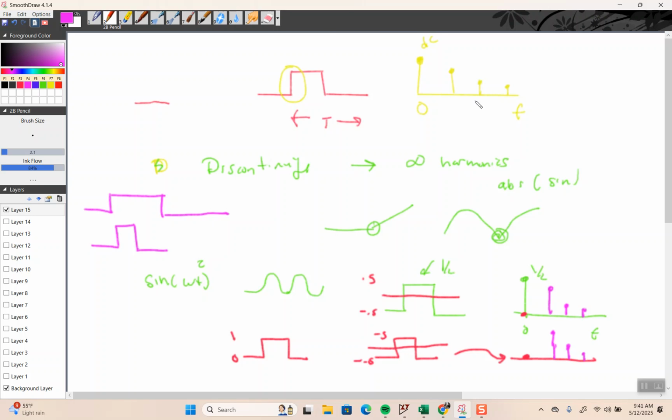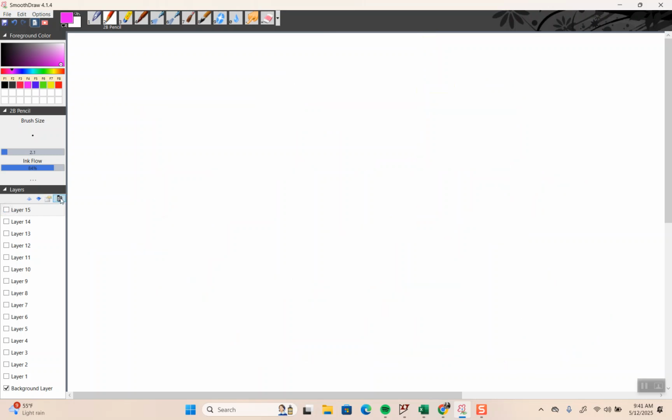Now, how is it all tied together? Well, I have a microcontroller. You might not know, but pins are limited on a microcontroller.